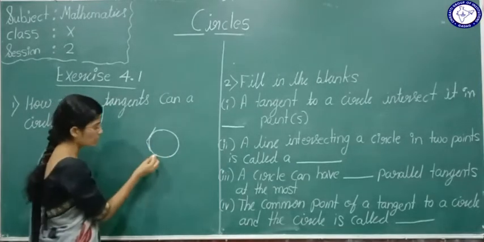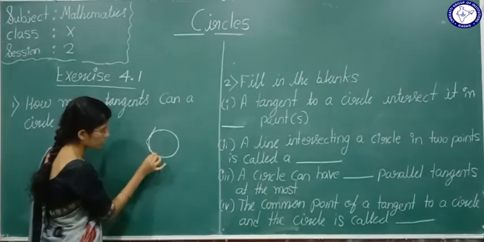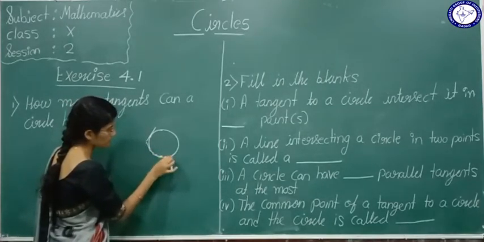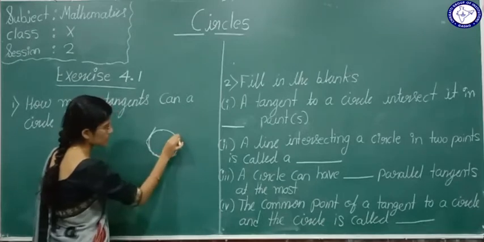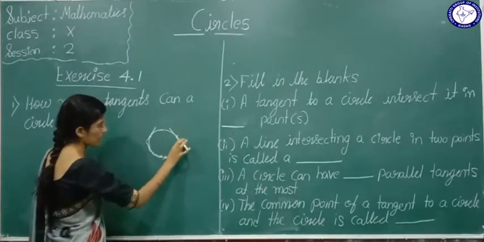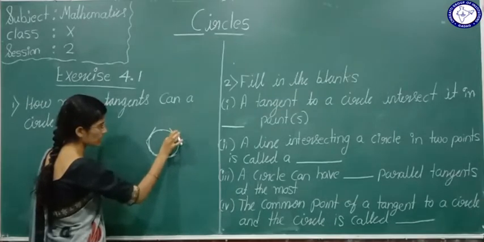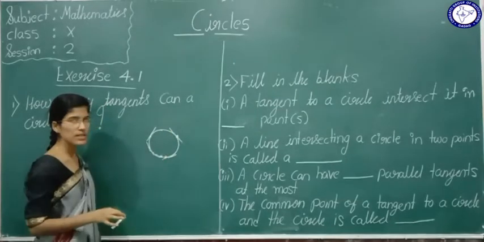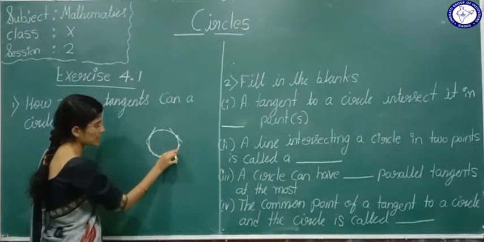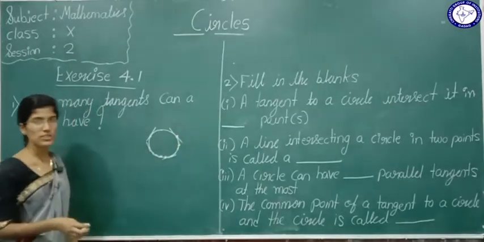For every point we can draw one tangent. A line which touches the circle at only one point is nothing but a tangent. How many tangents can we draw? A circle has an infinite number of points, which means we can draw an infinite number of tangents.